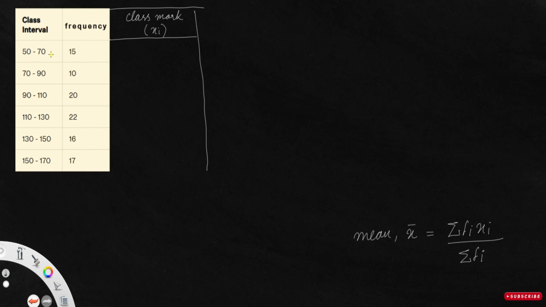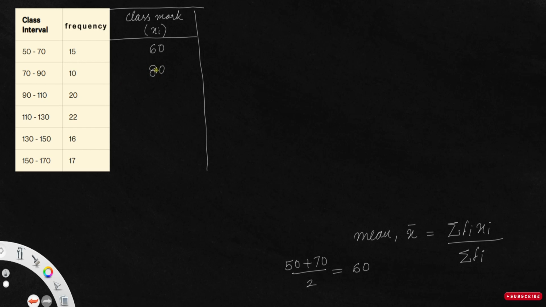That's the average of each interval. So 50 plus 70 divided by 2, 120 by 2, is 60. So 60 is the class mark. Now 70 plus 90 by 2 is 80.